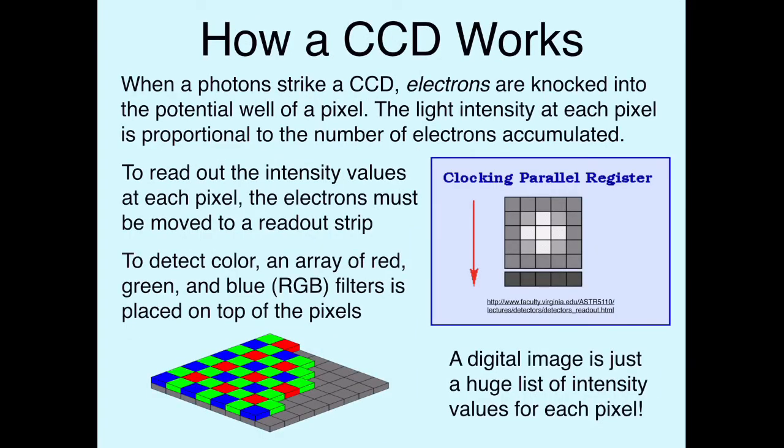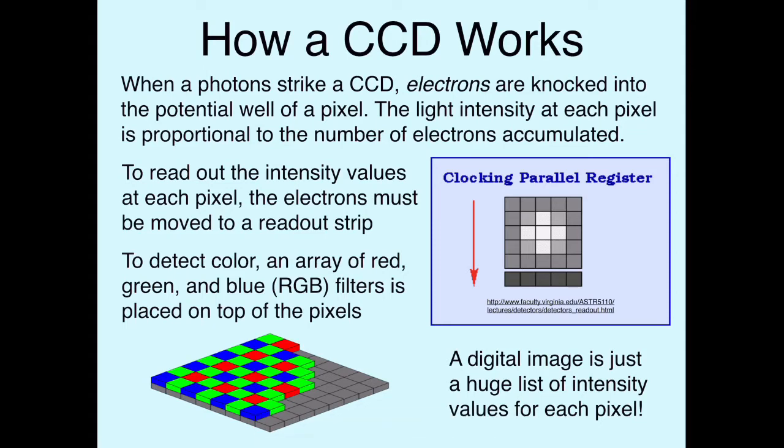Now let's talk a little bit about how that CCD works. Again, a CCD is just a big array of many pixels. On modern cameras, you might have several million pixels on your CCD. And for each pixel, if a particle of light, which we call a photon, hits the CCD, then electrons will be knocked into the potential well of that CCD.